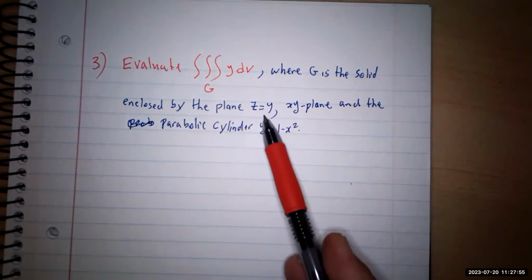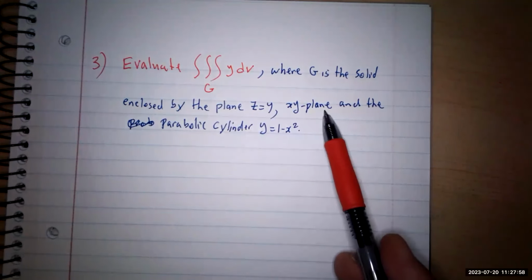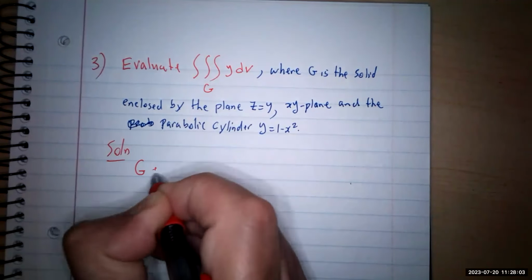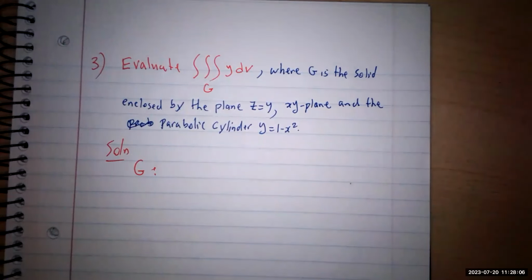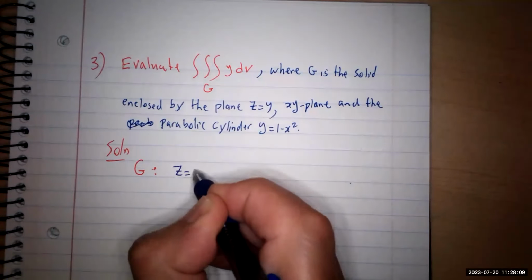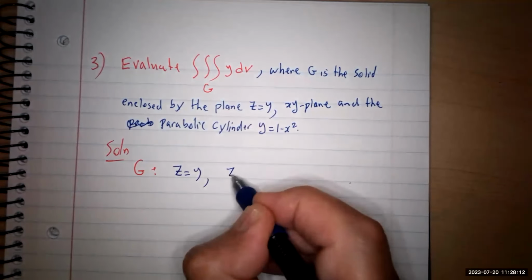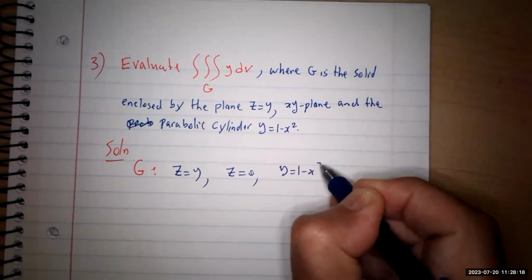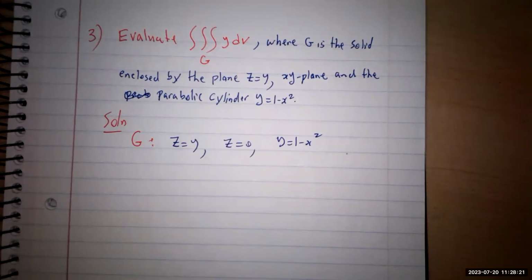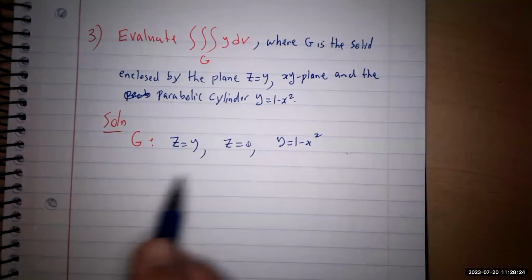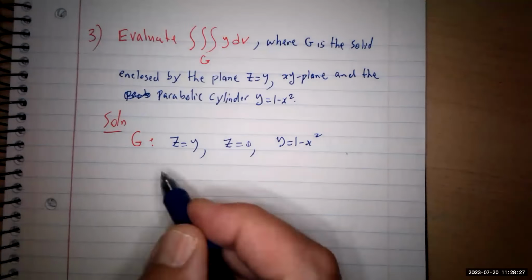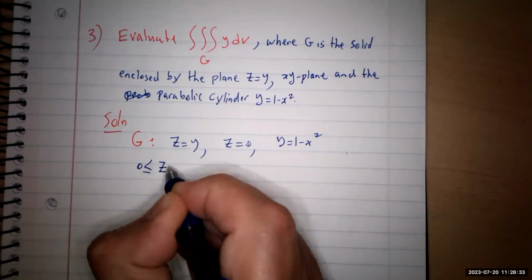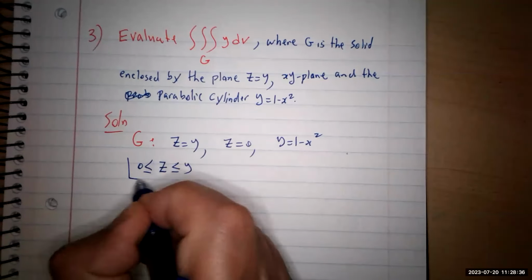You have one plane here, z equals y, and you have the xy plane, z equals 0, and this parabolic cylinder. So z is clear. We get that z is going to be between 0 and y. Whatever two numbers you have, you collect them together, that gives you your z.